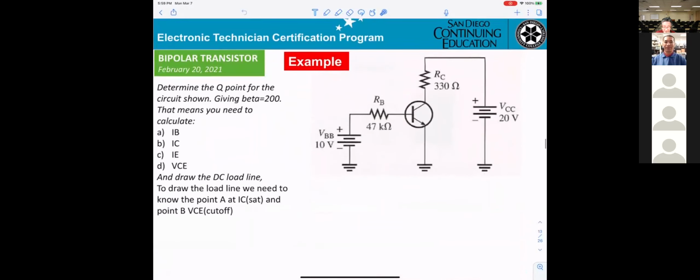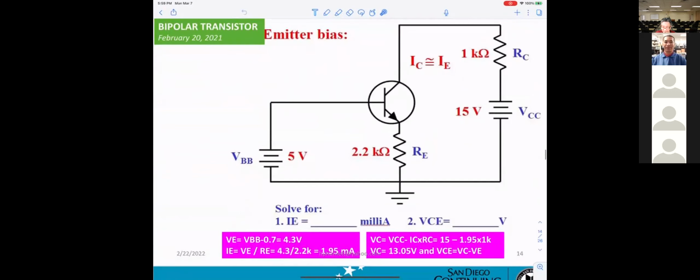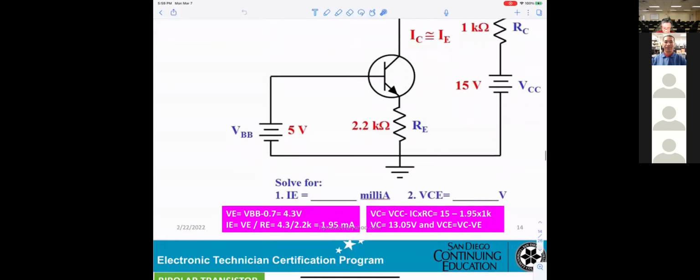And this is just an example you have to do, and just a different one.